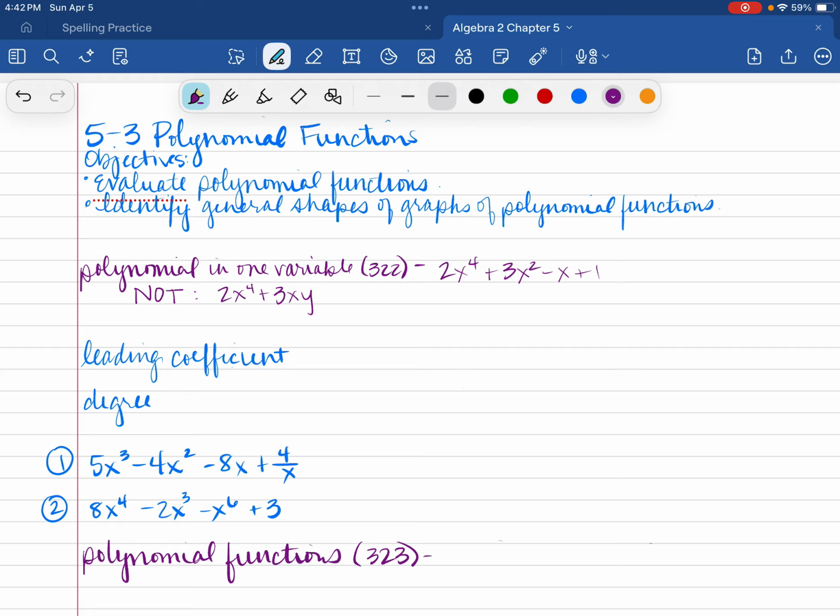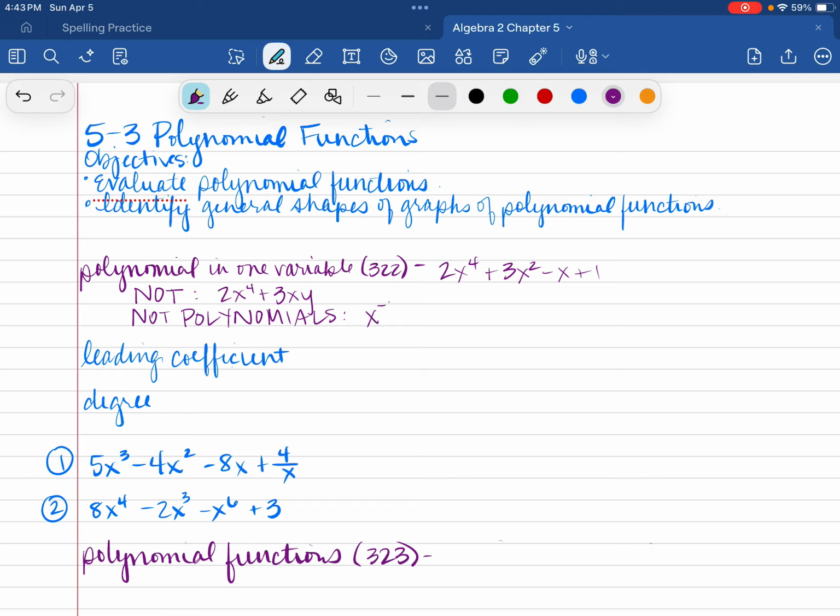In order to be a polynomial, also each of your terms have to be monomials. So we also want to look at things that are not polynomials. If we have any of those things, it's going to make it not a polynomial in general. Therefore, it's not a polynomial in one variable. So these were things we made a list of earlier.